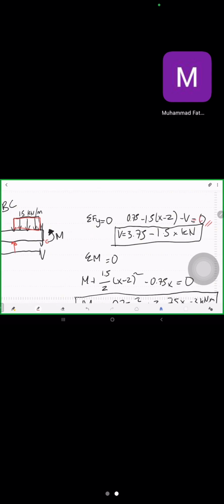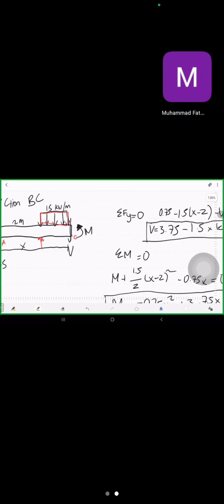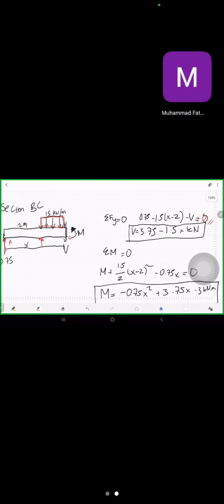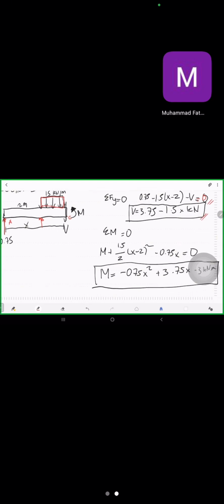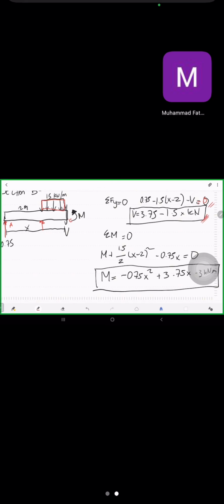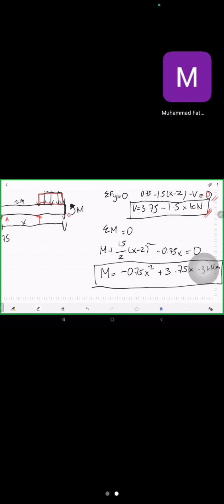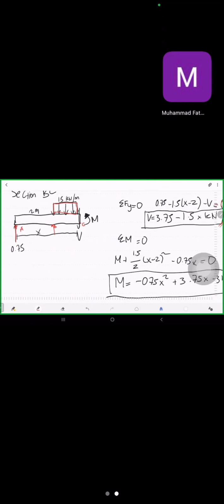So there we have 0.75 subtracted by the resultant force 1.5 multiplied by x minus 2, the length, and also subtracted by V. So we have the shear is 3.75 minus 1.5x kilonewtons.